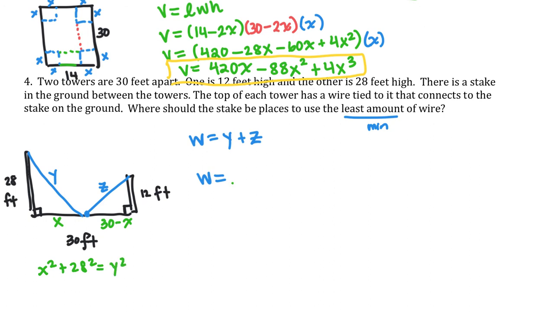So y is going to be the square root of x squared plus 28 squared. Now what about z? Z is going to be the square root of 30 minus x, squared, plus 12 squared.